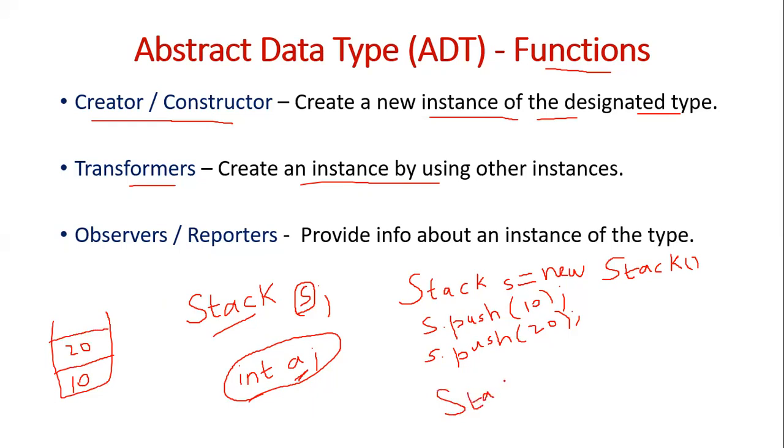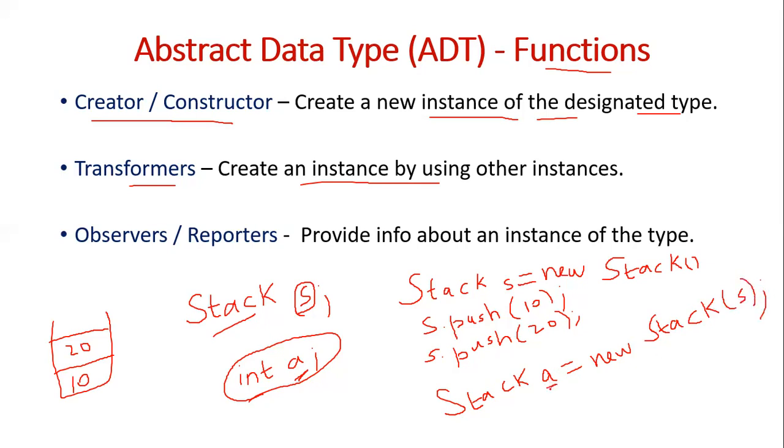If the particular programming language supports it, stack a is equal to new stack of s. So what does it mean? It means that a is a new stack, but it is same as that of s.